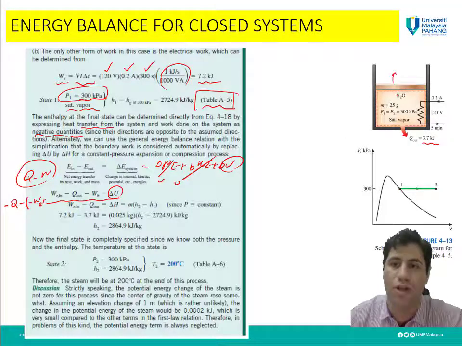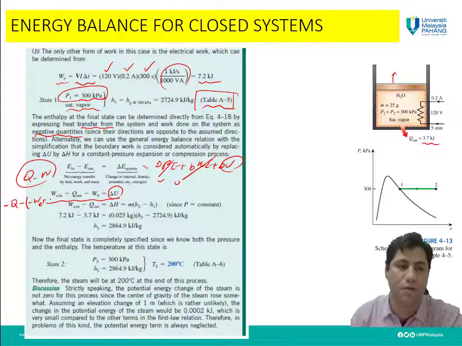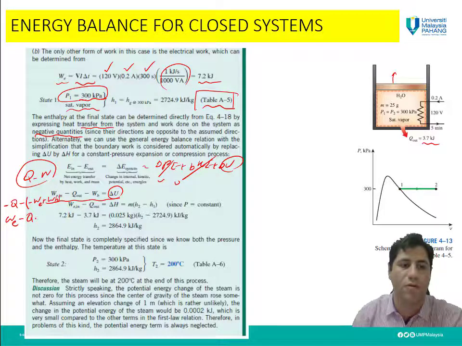This is due to the movement of the boundary, so boundary work is done by the system. So plus WB. In this equation, if you notice, this is negative and this will be positive. WE minus Q minus WB, like what we have here.